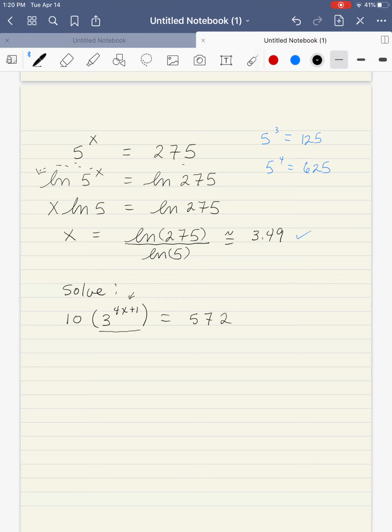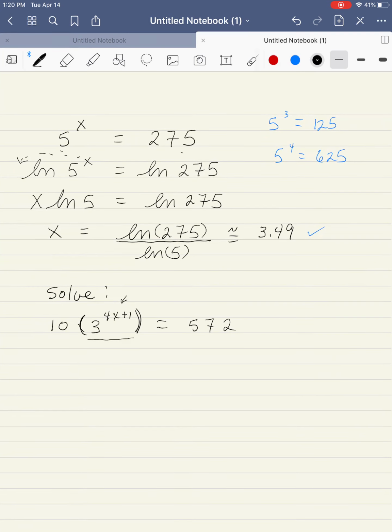But before I can take the natural logarithm, I have to isolate the piece with the exponent. Here I have 10 times the 3 to the 4x plus 1. So to eliminate the 10, I'm going to divide on both sides by 10. So I have to isolate the exponential part before I can do the natural logarithm.